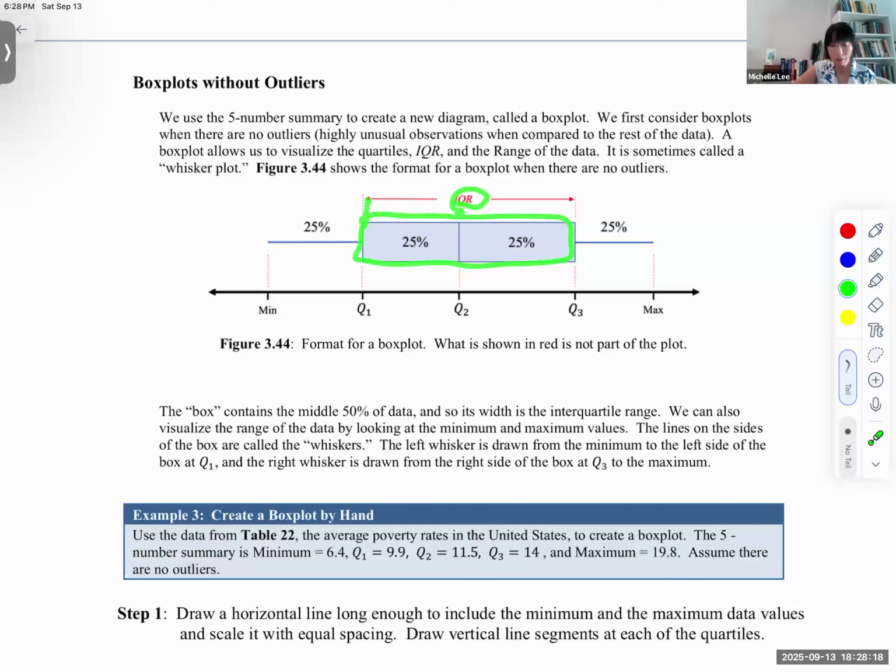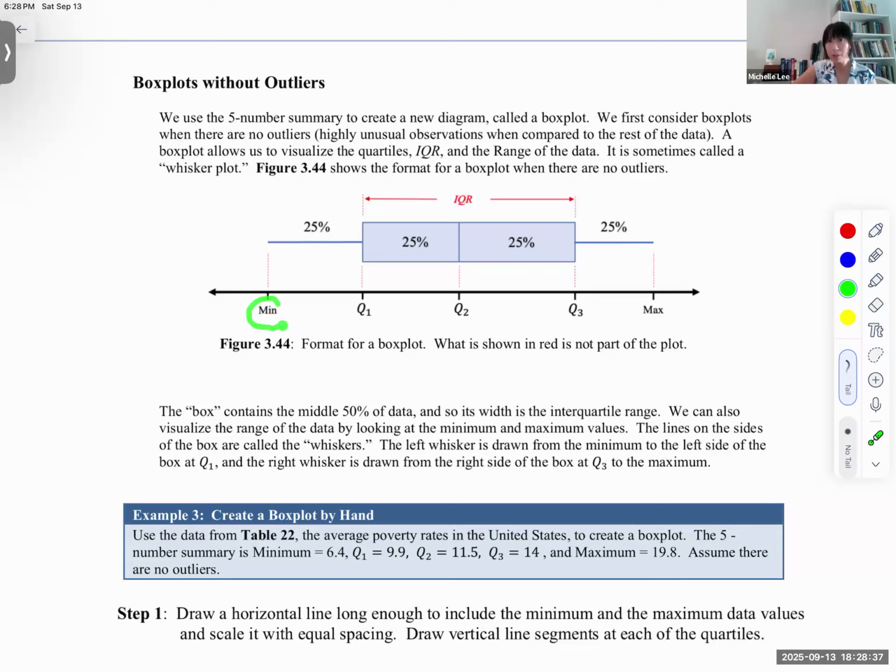And look, we have 25%, 25%, which is 50%, and we have 25%, 25%, another 50%. So the total is 100%.